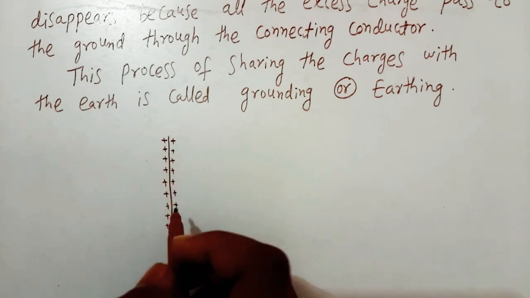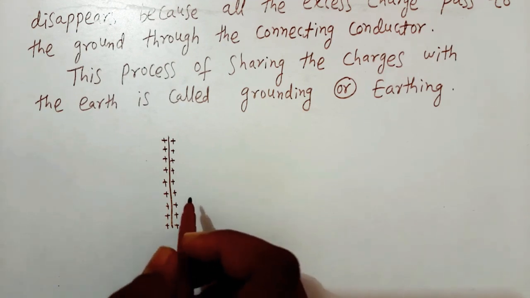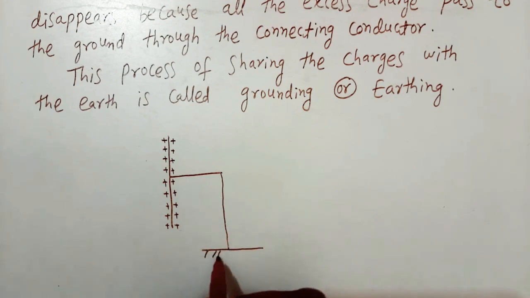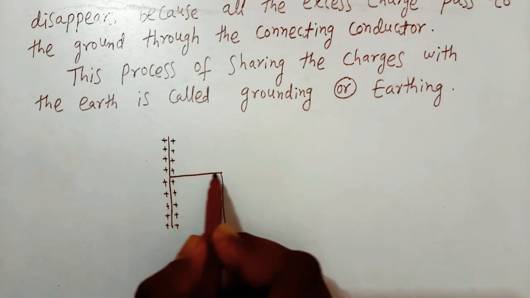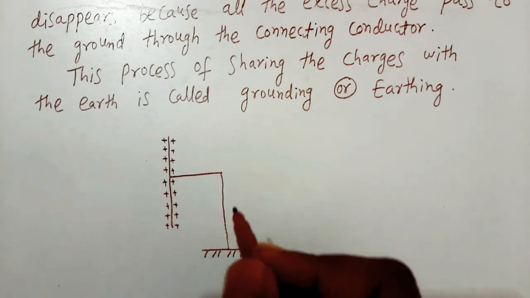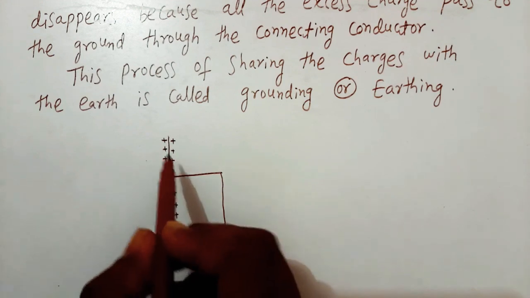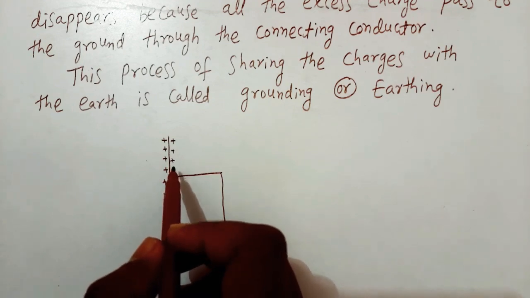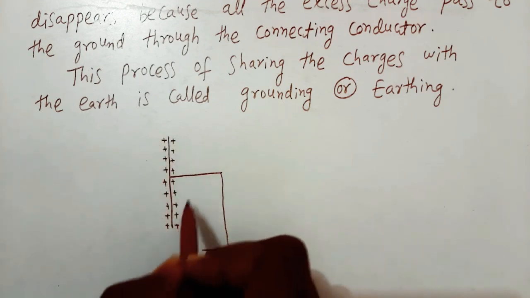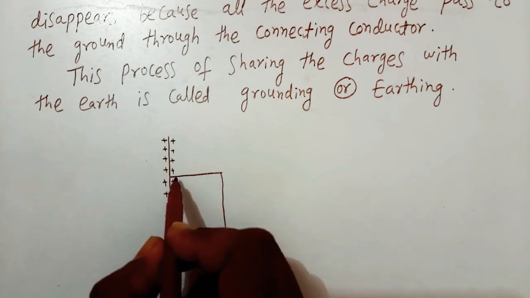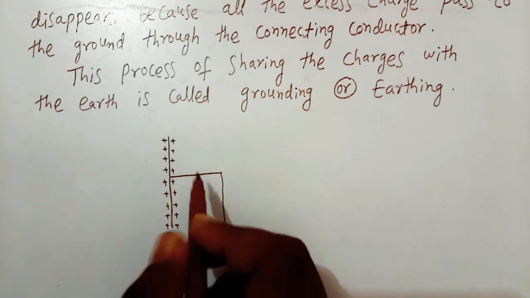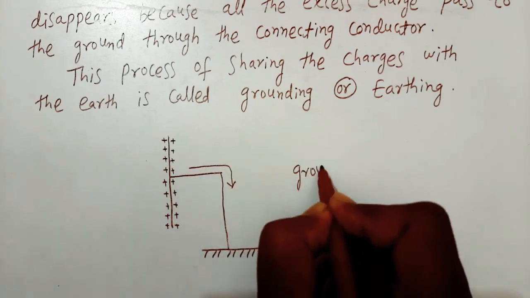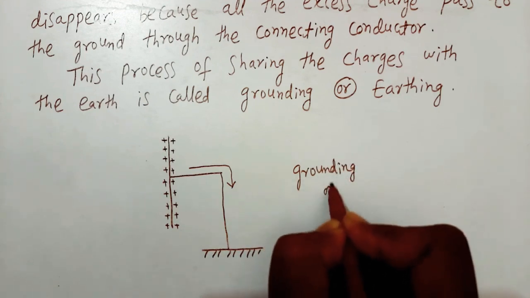When this body is connected to earth through a conductor, here it is the earth, and this is the connecting conductor, the charges on the body disappear because these positive charges pass through this conductor to the ground. So this process is known as grounding or earthing.